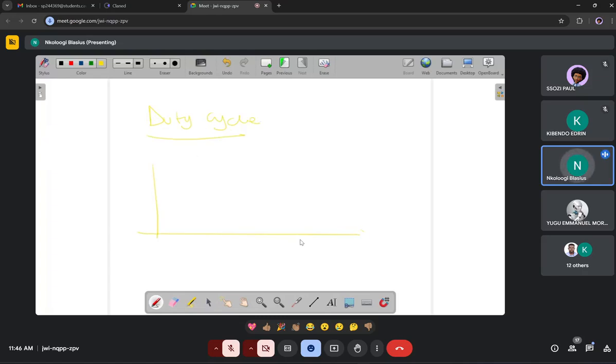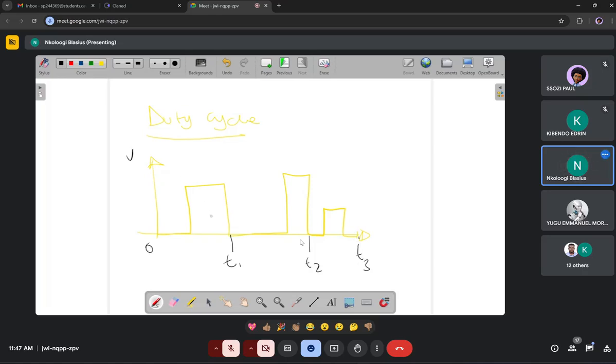If I represent my timing diagram like this, and I say that I have maybe different cycles like this, maybe like this, to complete this cycle was maybe time 1, to complete this other cycle was maybe time 2, to complete this other one was maybe time 3. This was 0, this was voltage.